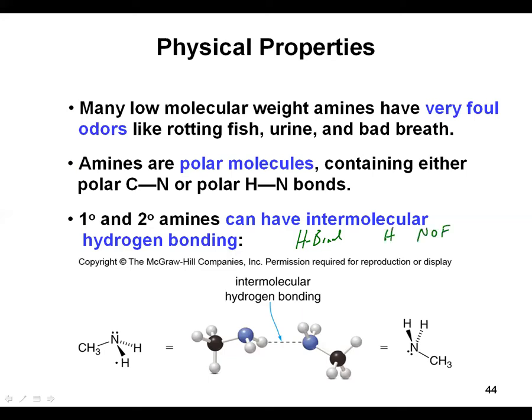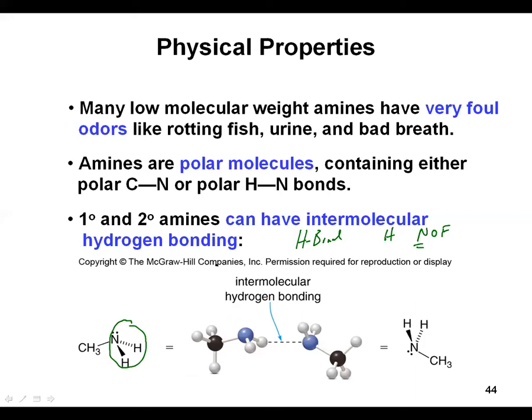So in the case of the amine, we have our hydrogen bound to a nitrogen, so it does have the ability to hydrogen bond, which means that it is polar. That also means it should work pretty well with something like water. Primary and secondary ones can hydrogen bond with themselves, which is going to increase the boiling point.